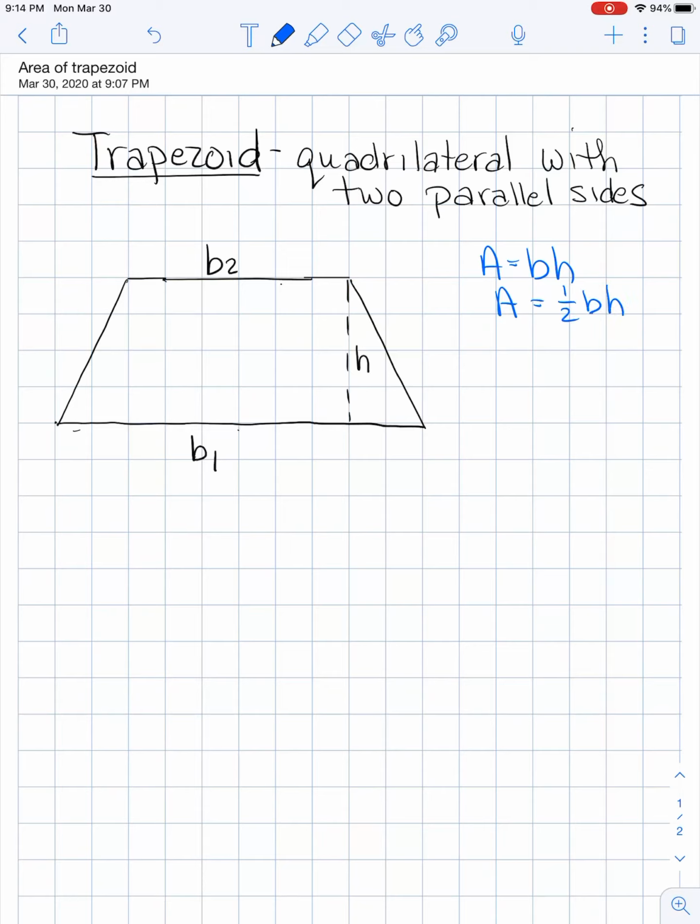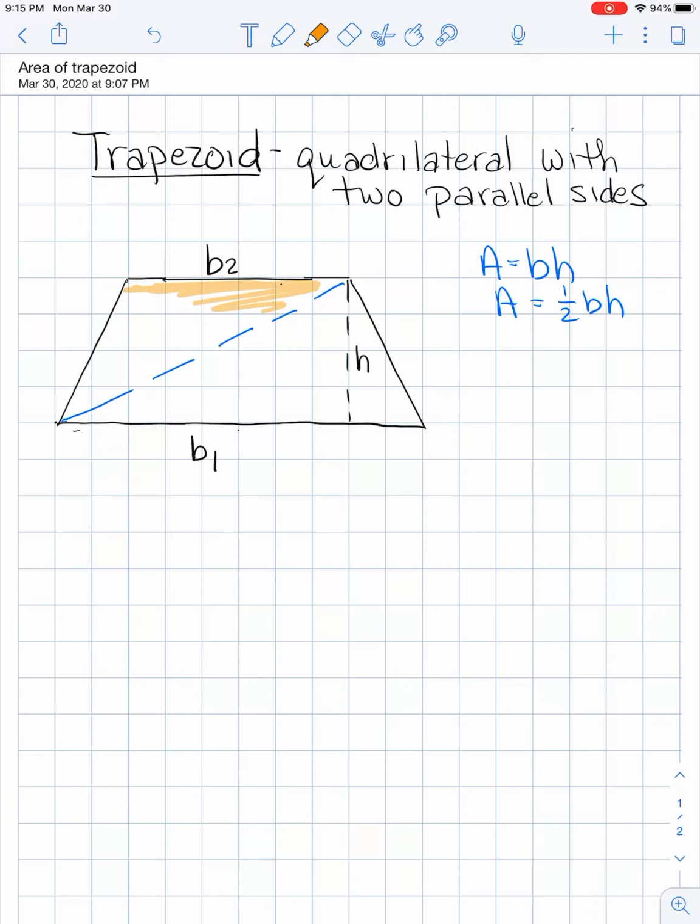height. Now, in order to find the area of a trapezoid, what we need to understand is that a trapezoid is actually two triangles. Okay, so you can see, let's see if I can make it a little clearer.